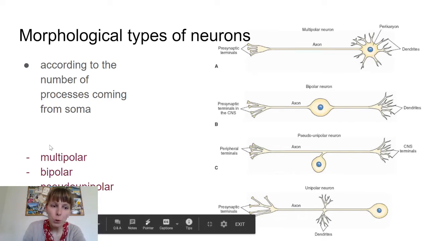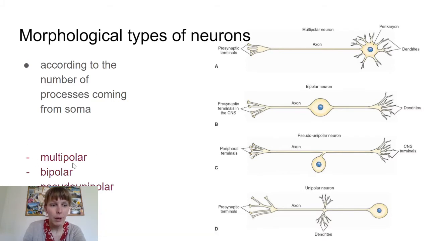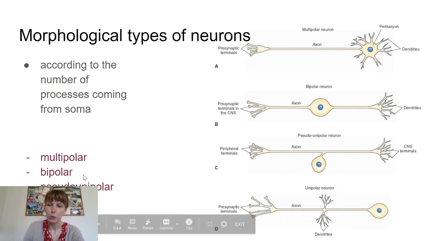The most common type that you will meet most of the time are multipolar neurons, meaning they have multiple processes coming from the soma. This would be the neuron labeled A. Here you have the soma, and you see one long axon and very many shorter dendrites. From the soma you have multiple processes coming to all sides. That's the most common one.